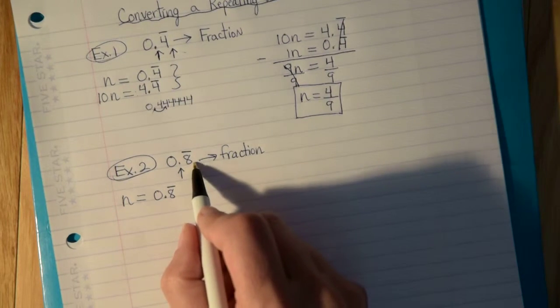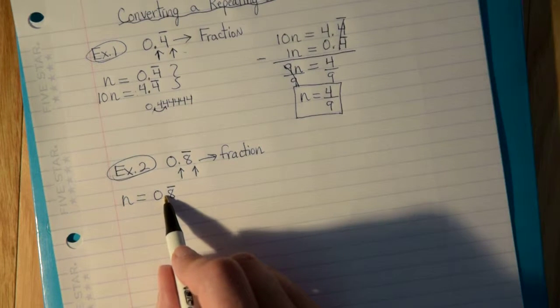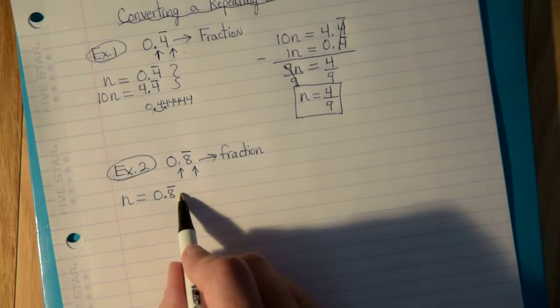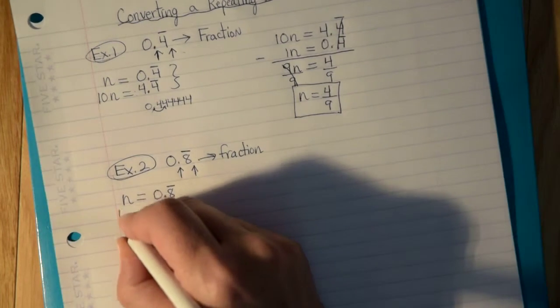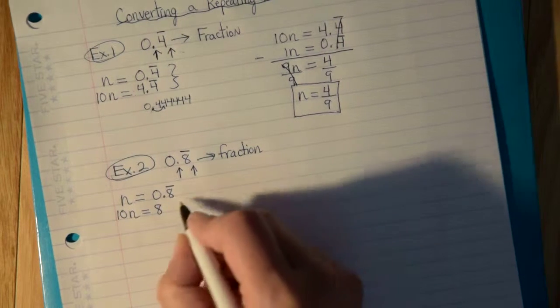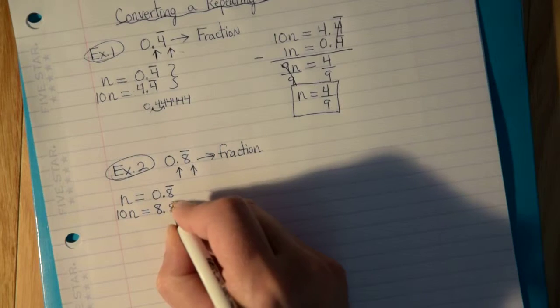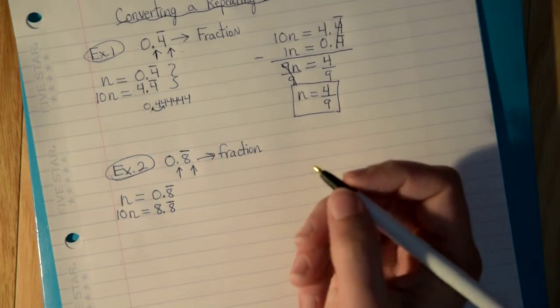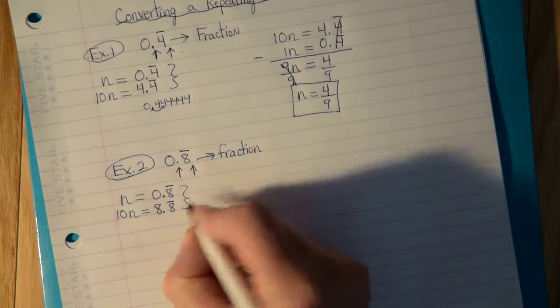But I also need to get it to the right of the repeating unit. So in order to do that, I need to move it one place to the right, which is multiplying by 10. So 10n equals 8.8 repeating, because I've moved it here. Now those are my two cases for the two arrows, so I'm going to subtract them.